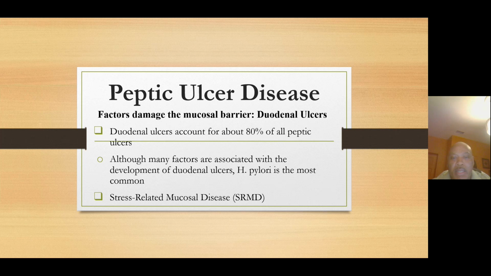Now, the development of duodenal ulcers is often associated with high hydrochloric acid secretion. So the stomach is producing all of this hydrochloric acid that will eventually end up in the duodenum, and it is no good. Those at high risk include people with COPD, cirrhosis, pancreatitis, hyperparathyroidism, CKD, and also Zollinger-Ellison syndrome, or ZES.